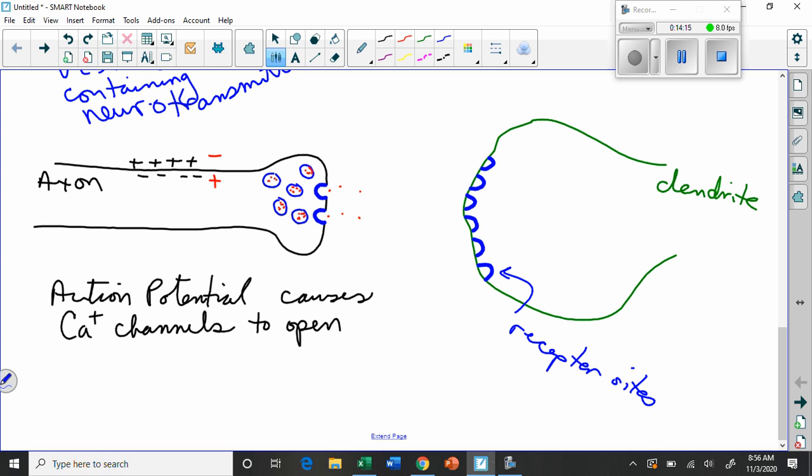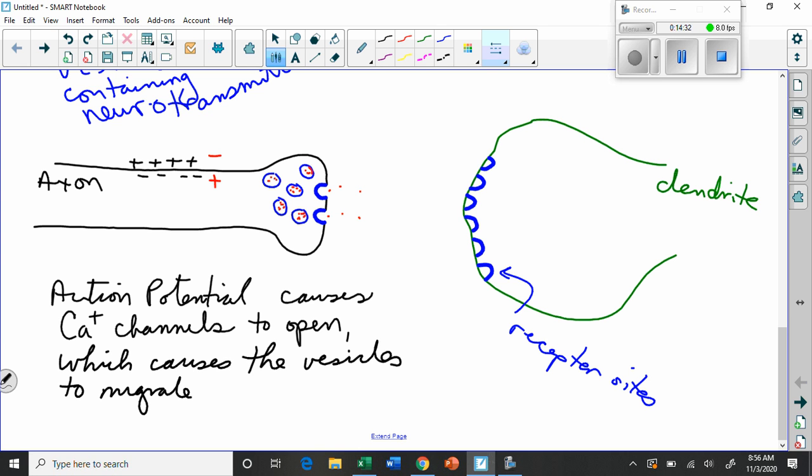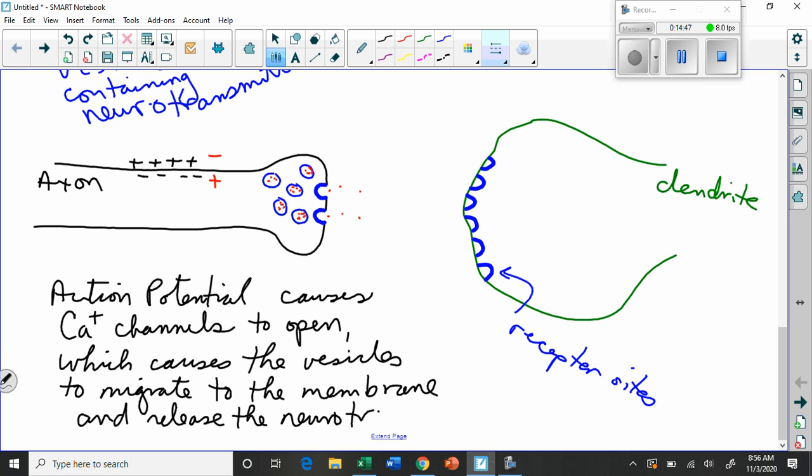The action potential causes calcium channels to open, which, in turn, causes the vesicles to migrate to the membrane and release the neurotransmitter molecules, which are released into this space in between here.